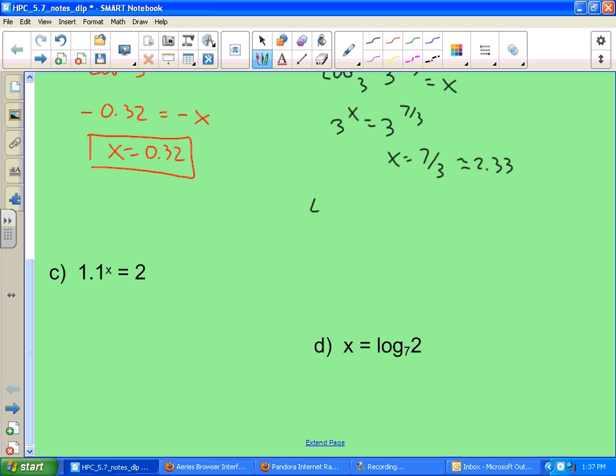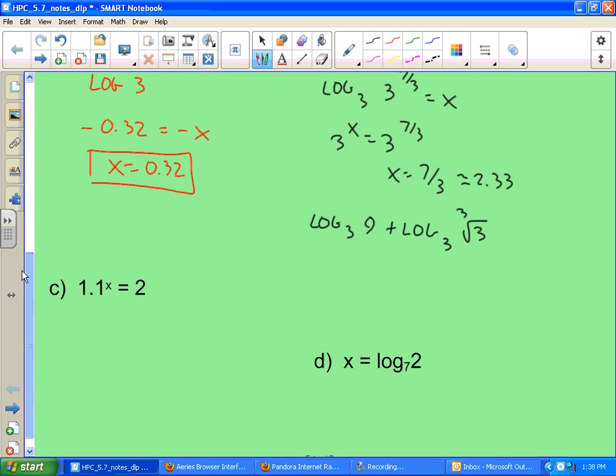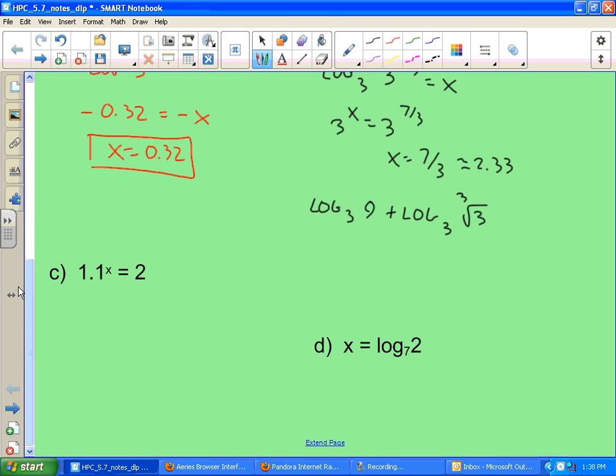We have log base 3 of 9 plus log base 3 of cube root of 3. It's still just in the numerator. And then I've got a power going on right there, so I've got log base 3 of 9 plus log base 3 of 3 to the 1/3, which becomes log base 3 of 9 plus 1/3 log base 3 of 3.